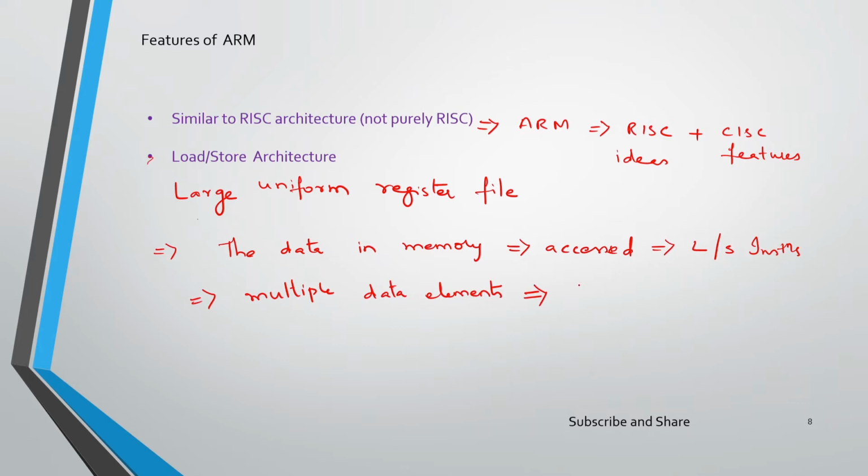ARM supports load and store of multiple data elements through a single instruction. So not only a single byte, the load and store instructions of the ARM processor support multiple data bytes.